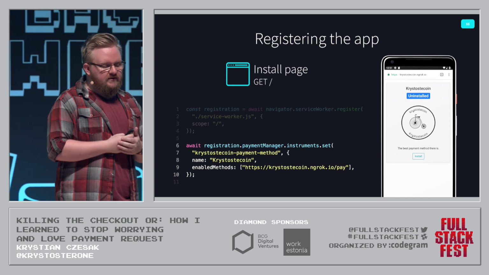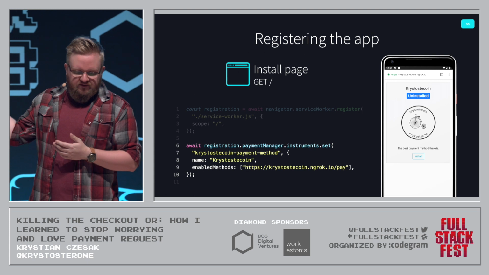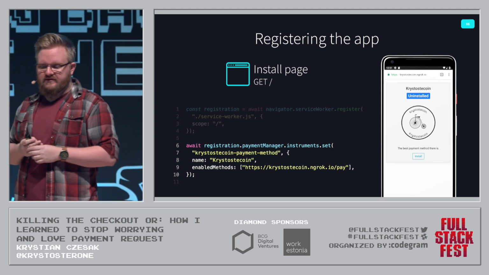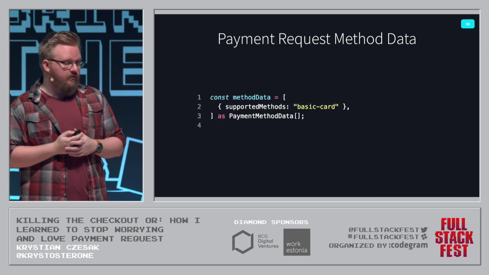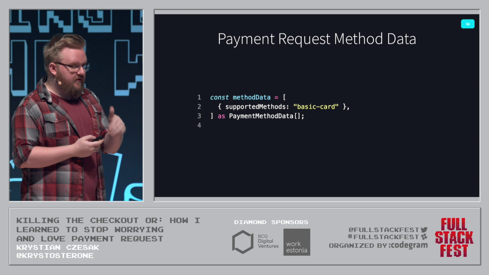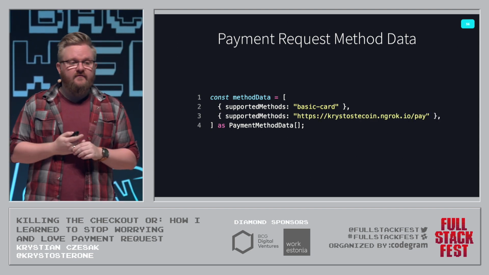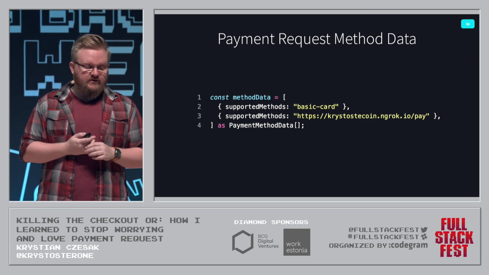And the way you do that is you specify a unique ID, a name, and then enable methods, which is our /pay route we've seen previously. Now it's up to the merchant to go back to their method data, and they can start accepting Krystian by just adding it as a supported method in PaymentRequest as such.